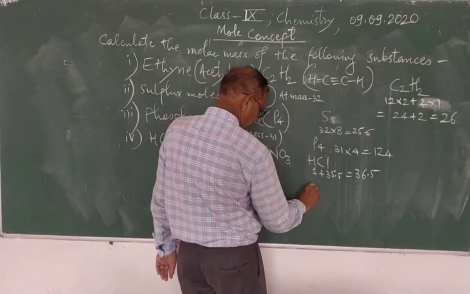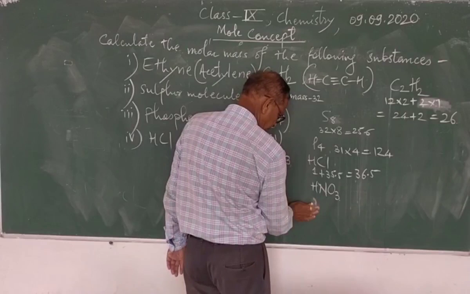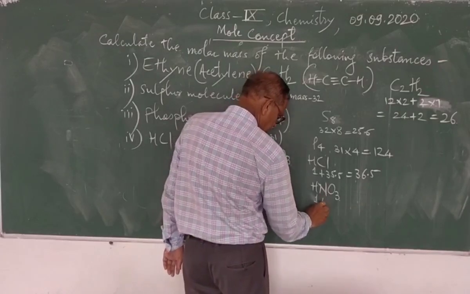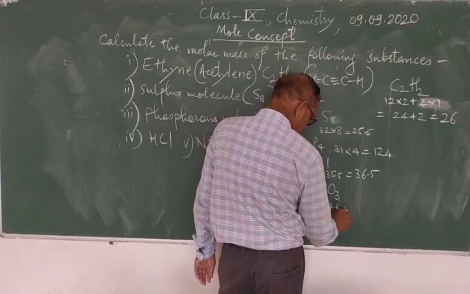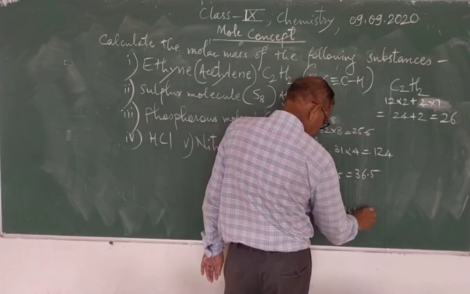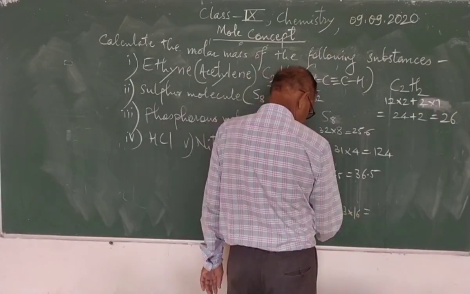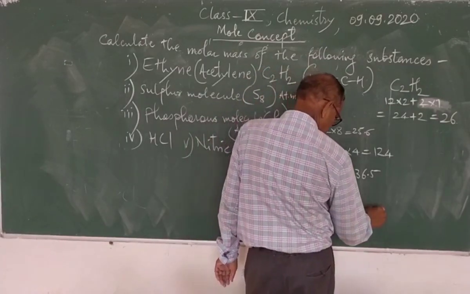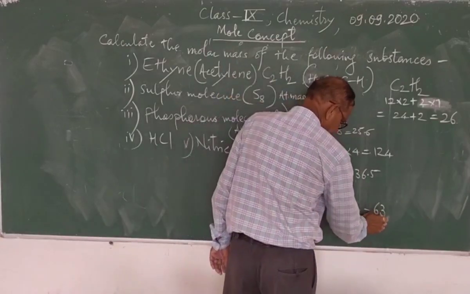Then HNO3: hydrogen 1, nitrogen 14 plus oxygen 3 into 16, which is 48, plus 14 plus 1, equals 63. So it is 63.